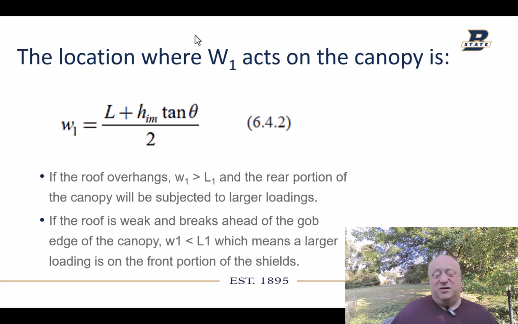And that's typical if the roof overhangs. If it's weak and breaks ahead of the gob edge of the canopy, which is also possible, W1 is less than L1. That means a larger loading is on the front portion of the shields. Okay, so where it acts on the canopy is important, and this is how you calculate how far away from the face that is.